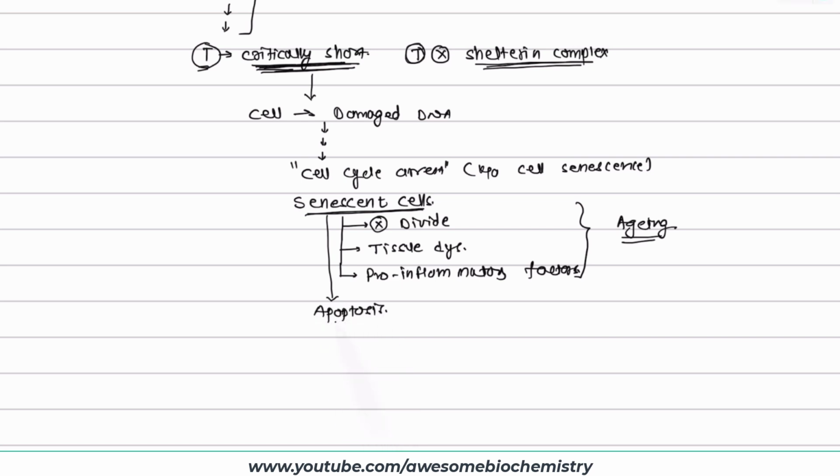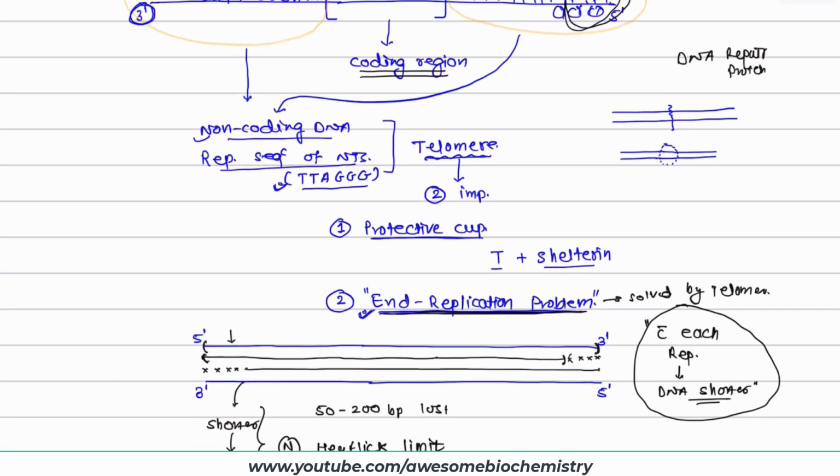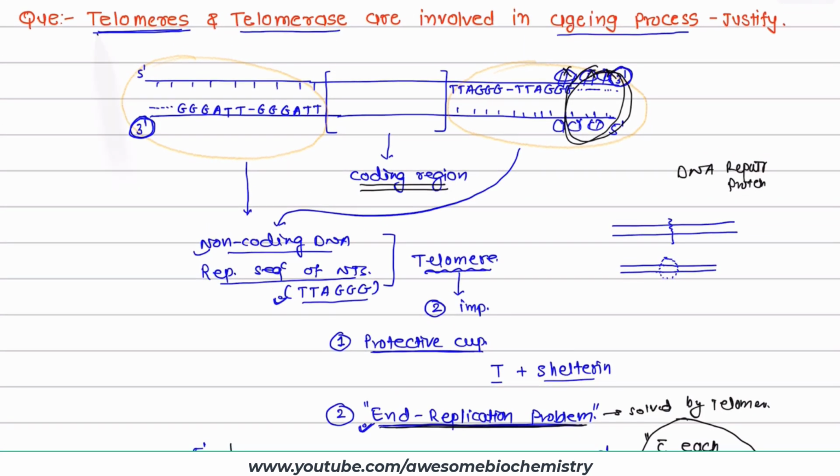So the cell will die. Now you understand the role of telomeres in the aging process. Longer telomere means the cell is young, and shorter telomere means the cell became old. So the length of telomere is like a molecular or mitotic clock. It determines whether a cell is young or old.